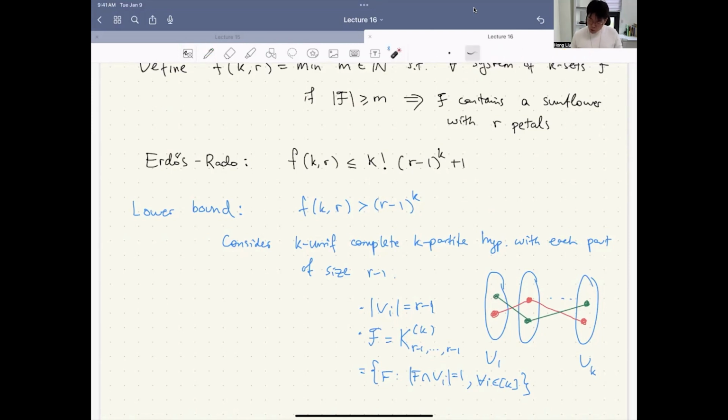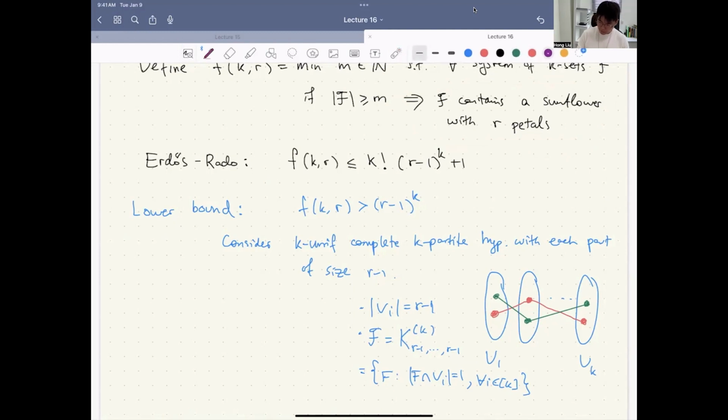Then the number of sets: in each Vi we have r minus 1 choices to pick a point, and we have to make this decision k times. So this is the number of sets. I will leave it as an exercise for you to show that this set system does not contain a sunflower with r petals.